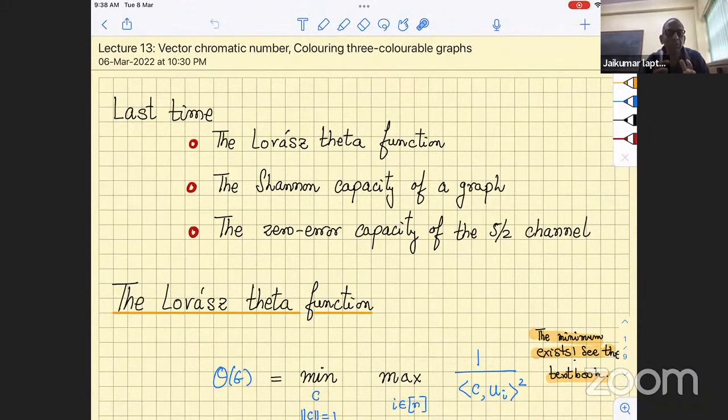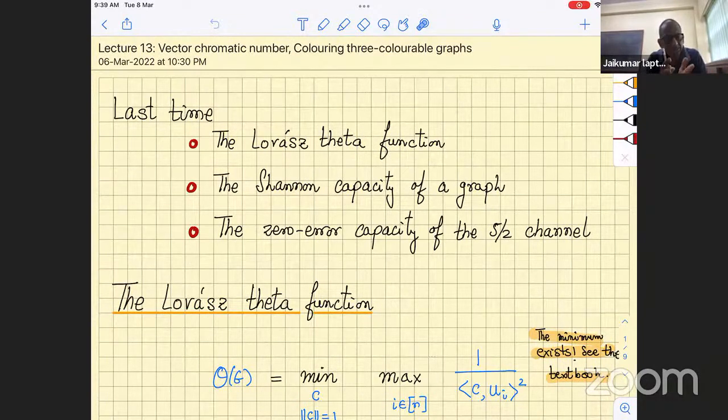And we wanted to know that as we took the product of this graph with itself many times, clearly the size of the independent set is going to grow. If you take an independent set in one graph and take its Cartesian product with itself, that will be an independent set. So we already found an independent set of size 2 in the pentagon. That would scale as 2 to the power k. But we found that actually we could do better.